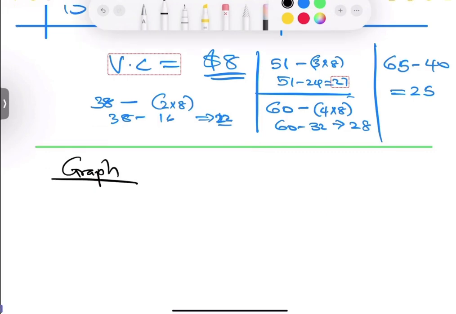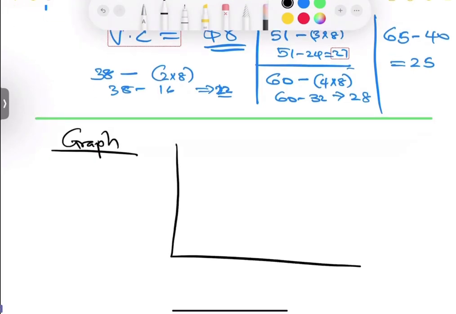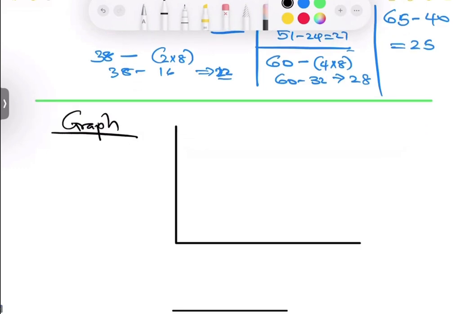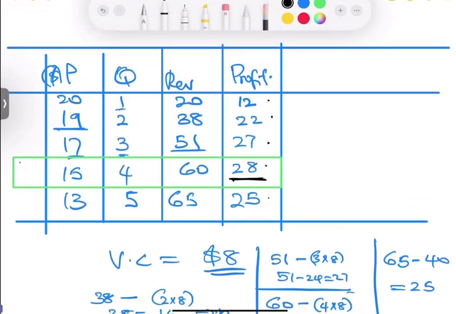Generally speaking, when you draw the demand curve, you have your dollar here, you have your quantity here. So we expect the marginal cost, which is variable cost, $8 per unit, to be constant. But what has happened to the marginal revenue? Let's check. So we're using the graph. We have to plot marginal revenue and the marginal cost.